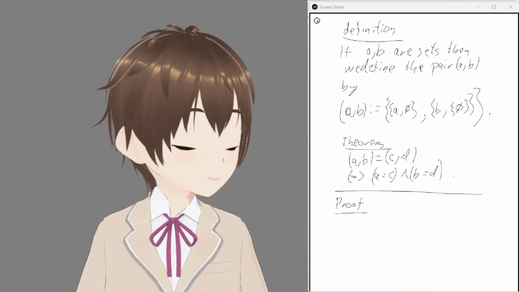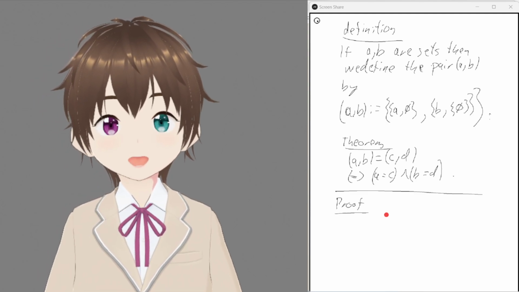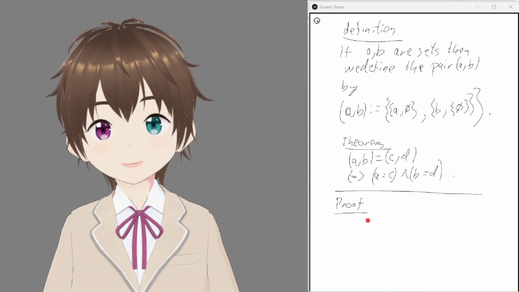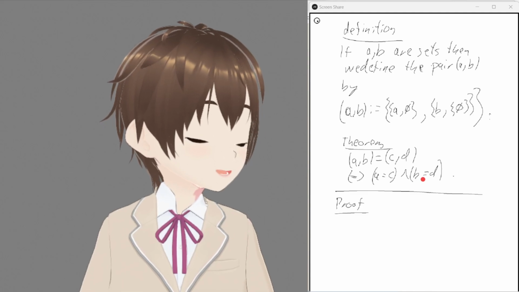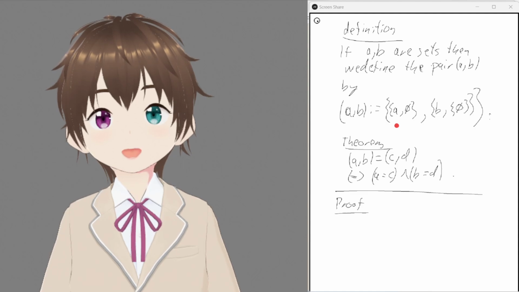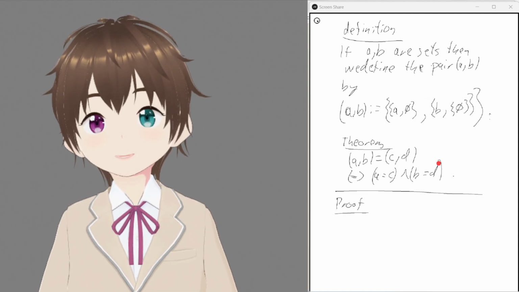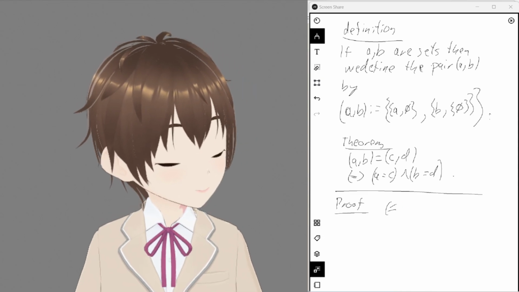So first, this is my first example of saying something obvious and not proving it properly, but I'll explain. So if A equals C and B equals D, then these are equal because if you replace them in the definition, I'm literally just saying the same thing for each of them. So first, I need to point out that this implication is obvious.